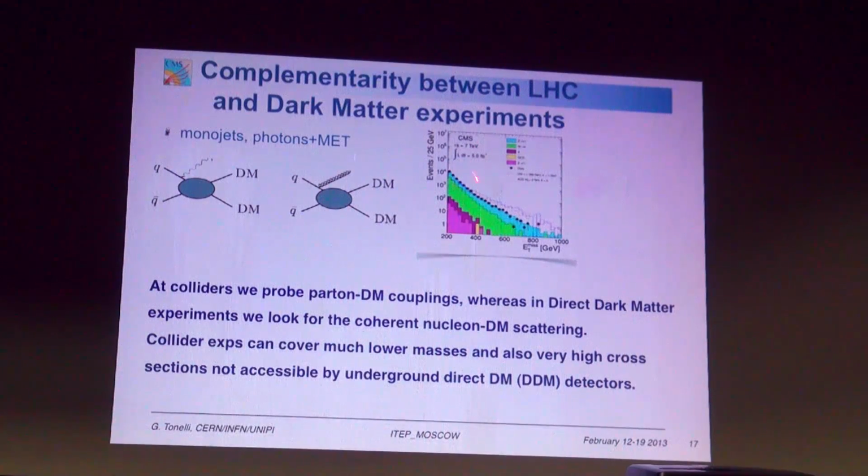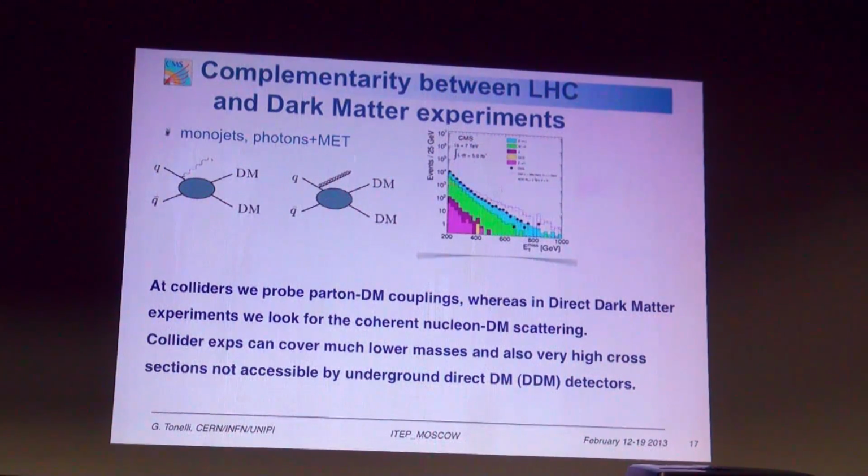This is another thing which is absolutely fantastic, because I was surprised myself: you can use it as a complementary approach between the direct LHC and dark matter experiments. You can use the same topology, monojets, photons, missing ET, to put limits on dark matter.